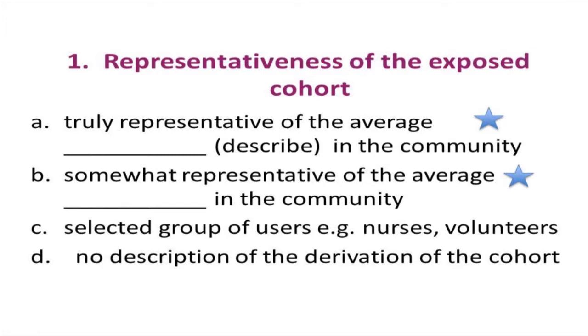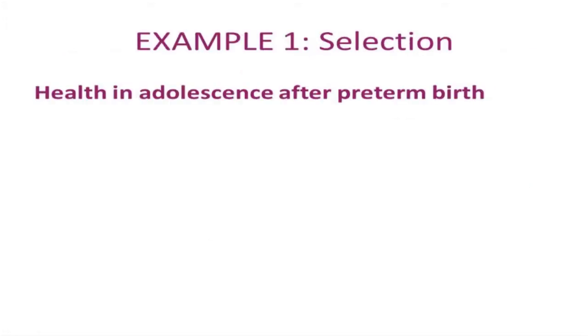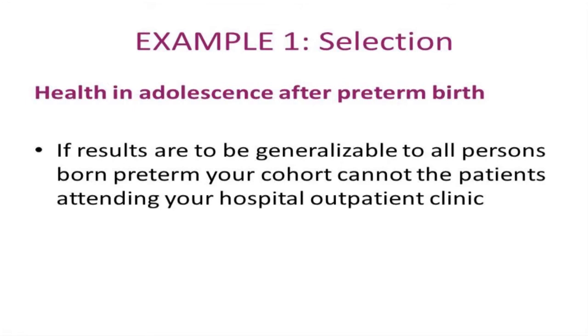So, I'm giving an example. If you're going to assess health in adolescents after preterm birth, which is something that is done often in studies, you have to think about where you choose your cohort. Because if you're working in a clinic and you are recruiting patients among preterm-born subjects attending your clinic, you have to ask yourself, why are they attending your clinic?